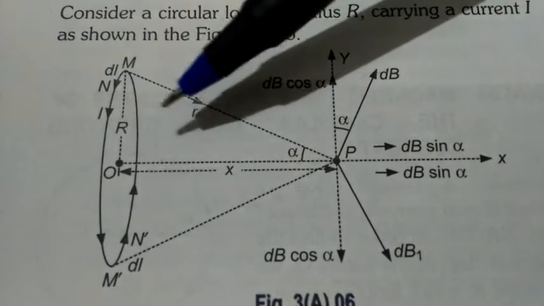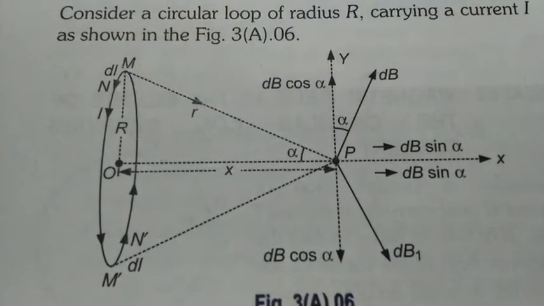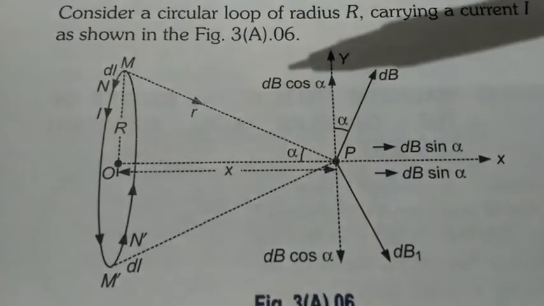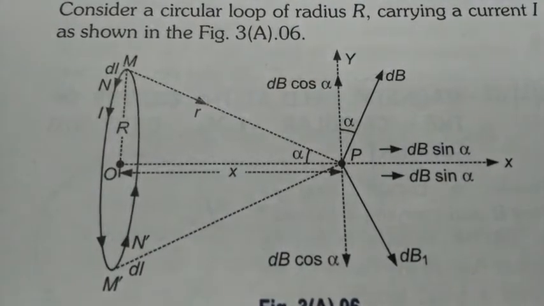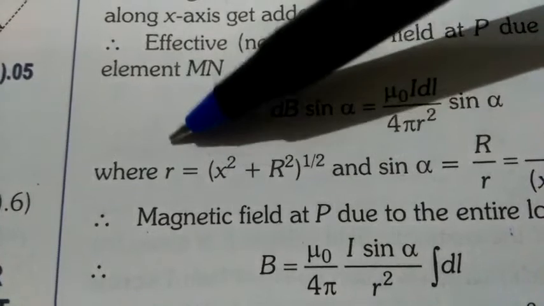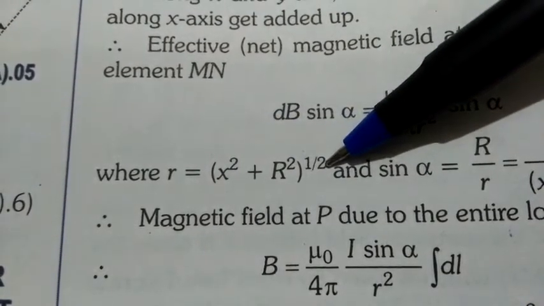So r equals under root x square plus capital R square. When we remove square from the hypotenuse, the other side will get the root. So we get r equals x square plus R square whole power half.